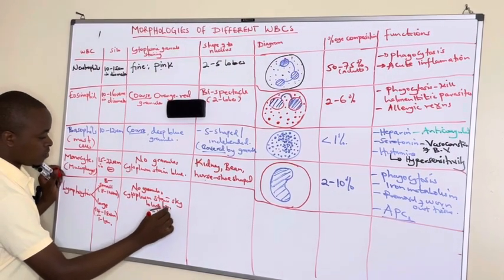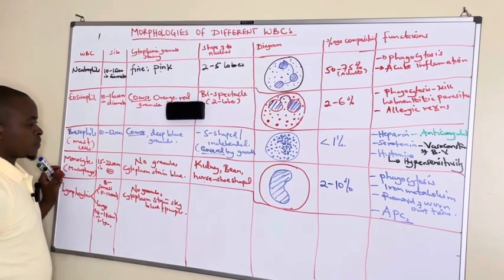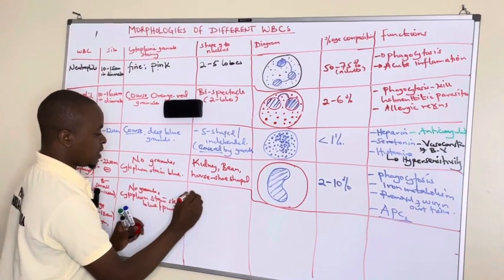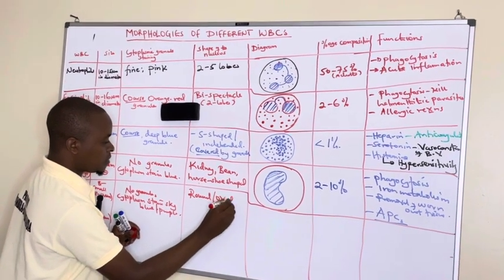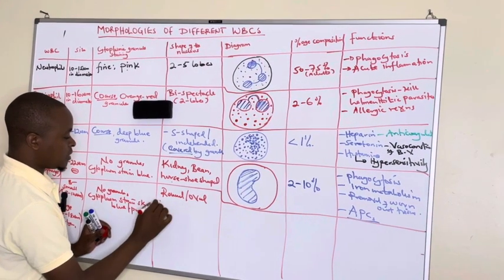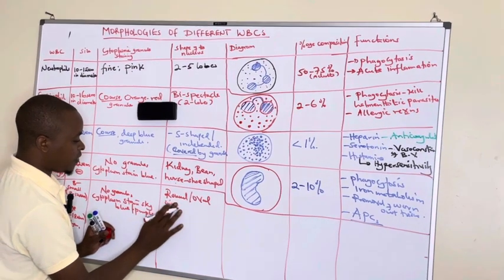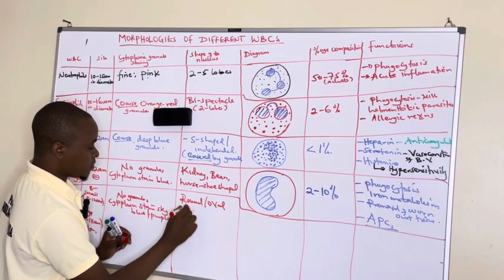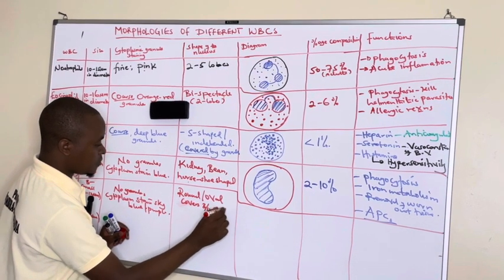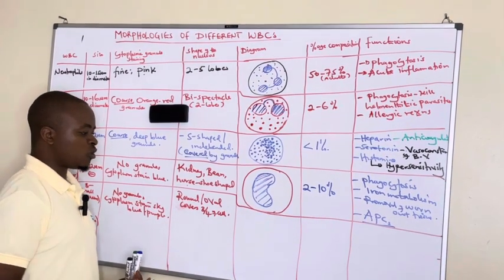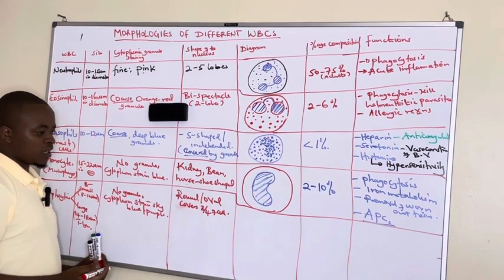You can call it blue or purple. And the nucleus is round to oval, and this oval nucleus covers almost the whole cell. It covers 3/4 of the cell. So it has a scant cytoplasm, but this cytoplasm stains sky blue.